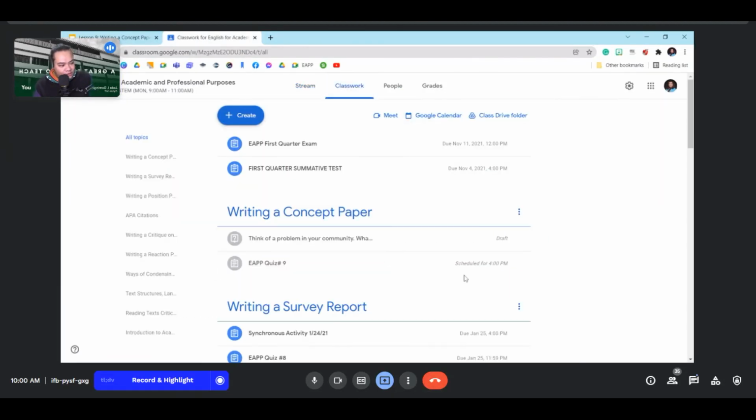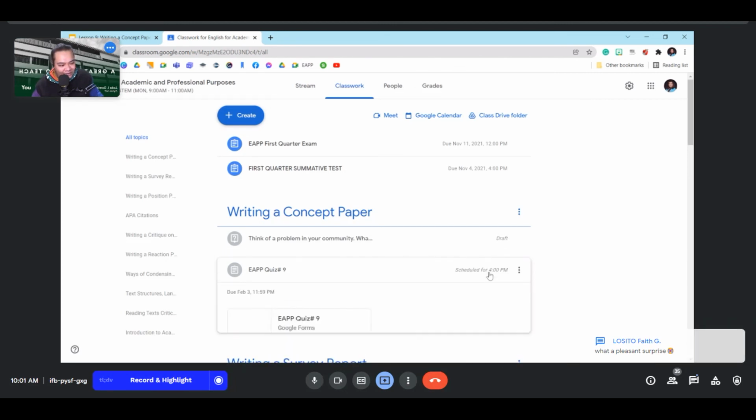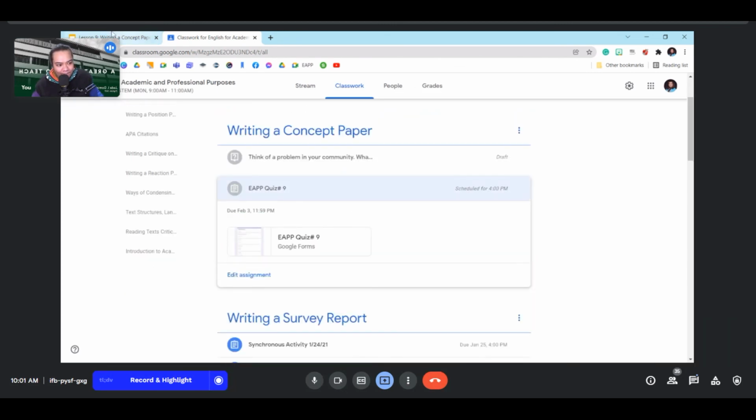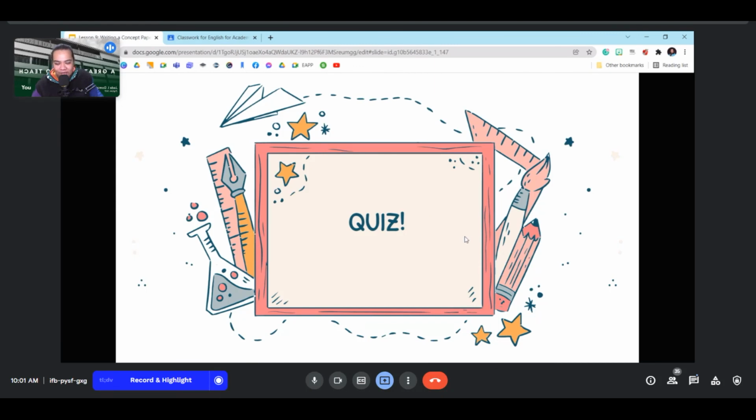So, you have until Wednesday to answer the quiz. Reminder lang po, since we are headed towards the end of the semester, those who still have lacking activities and quizzes, you may please comply and answer those.